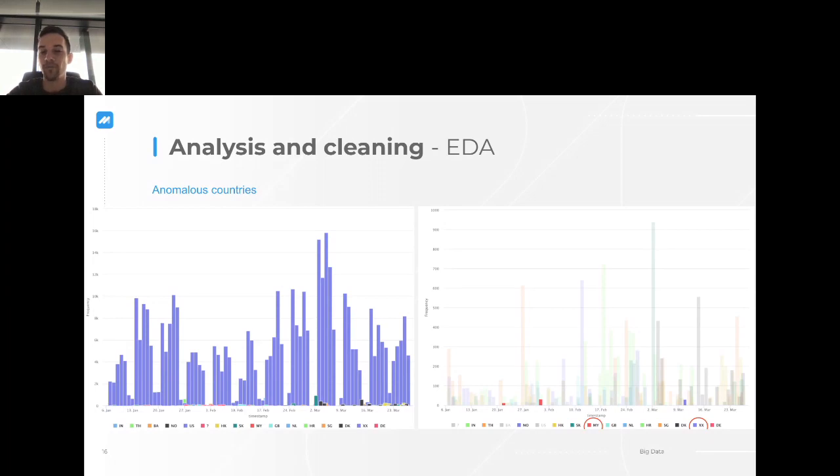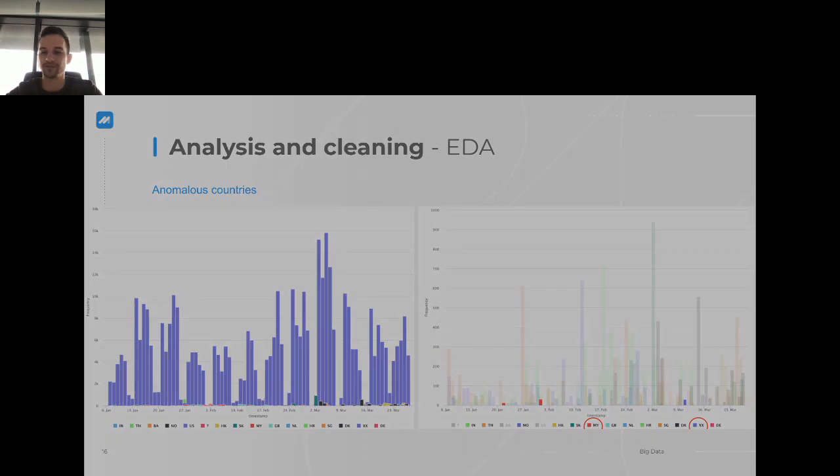And while consulting with subject matter experts, he said that those countries don't seem relevant. We can mark them as anomalies, as known anomalies, which we would like our model to detect, the unsupervised model, of course.